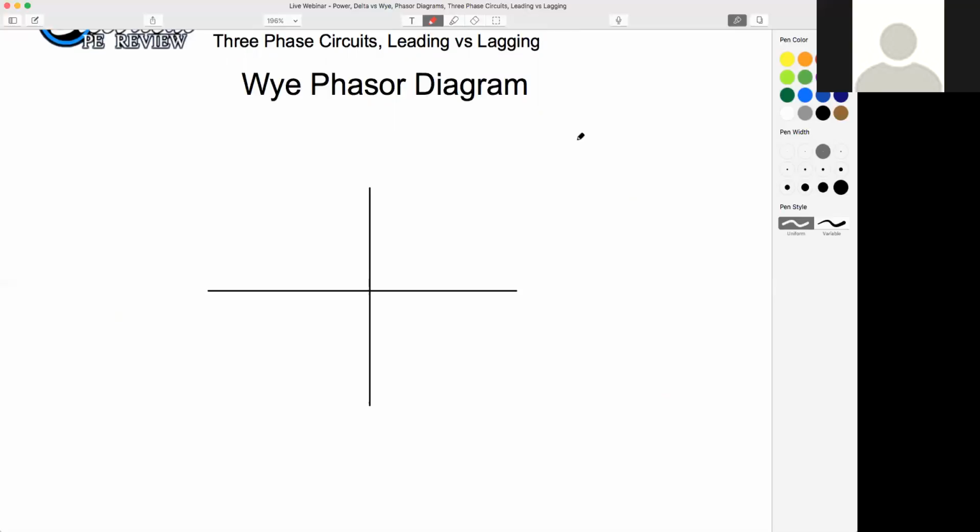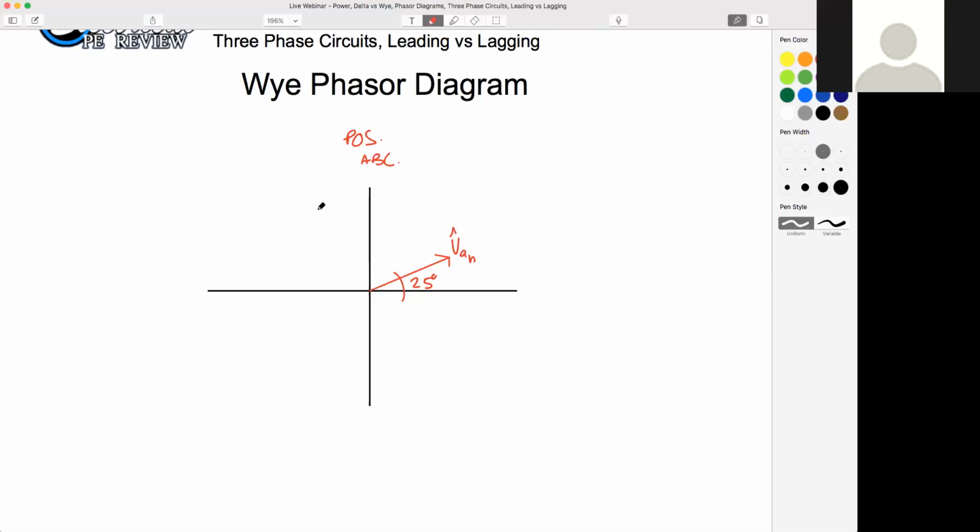Our phase voltage. Actually, we'll start with this. I'm going to say that at this particular moment in time that we're looking at, since phasor diagrams are always rotating, we'll say this is a positive ABC system. So our phasors are rotating counterclockwise. I'm going to say this is my A phase voltage.